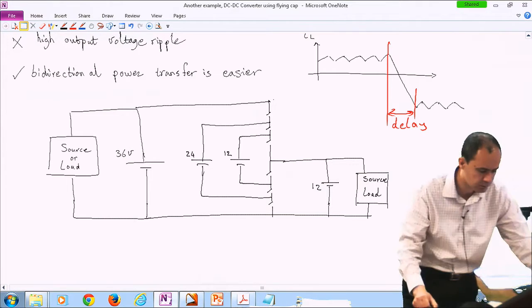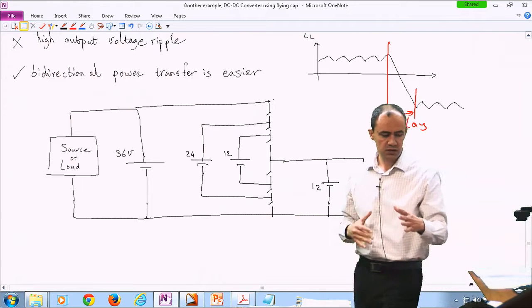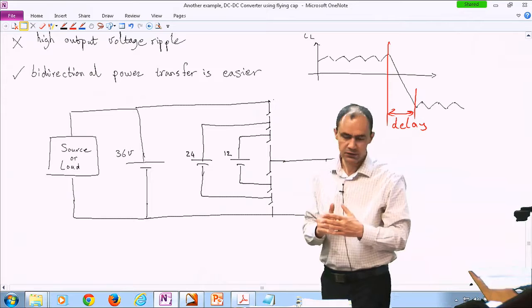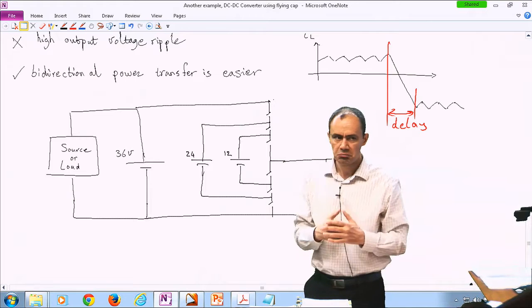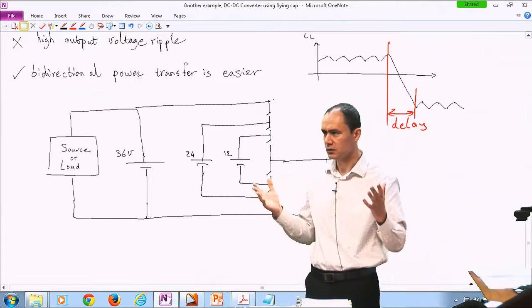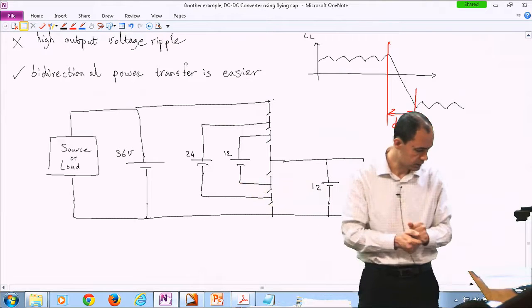All right. So we said one of the disadvantages of this topology was that the voltage transfer ratio was fixed. Here we are dealing with two batteries with relatively constant voltages anyway, so we don't have to worry about it.